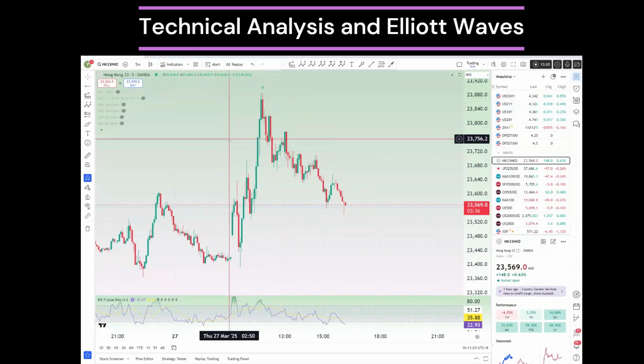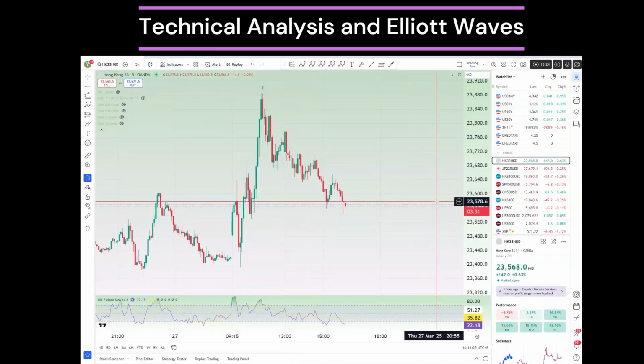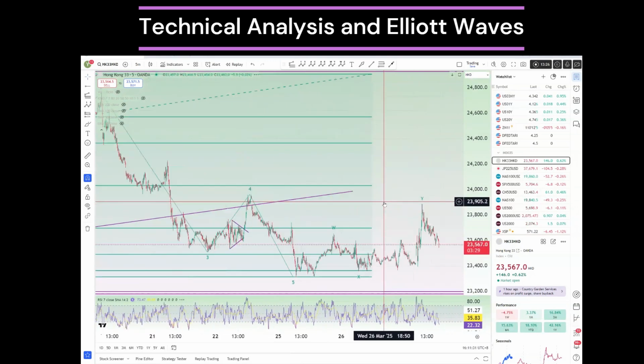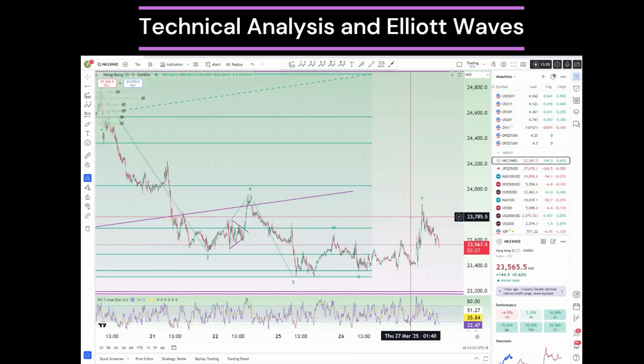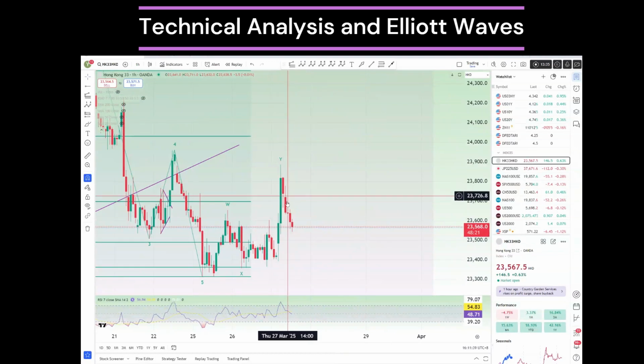But the thing about low time frame is that there's just too much noise, right? So usually I try not to go into anything below hourly. Once you go into hourly, then things just come together. You don't really see that there's a problem, right? You do see a lot of wicks over here, right?